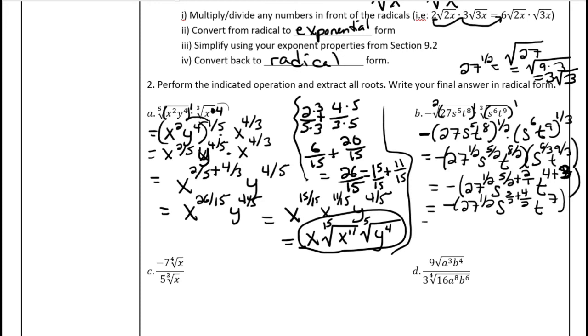All right, so I have s to the 9 over 2. Okay, so 9 over 2 is 8 over 2 and 1 over 2.